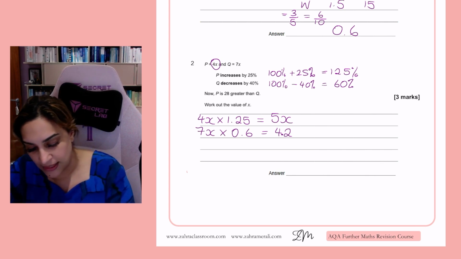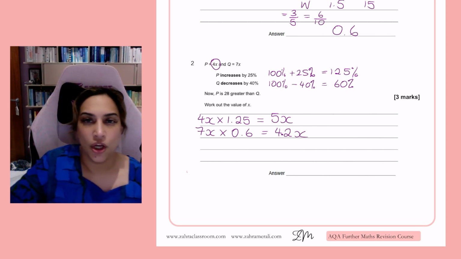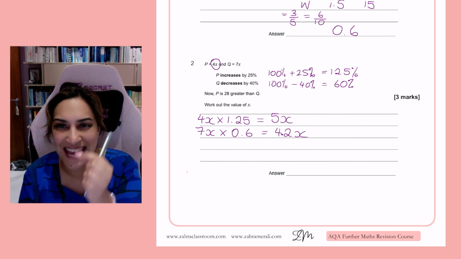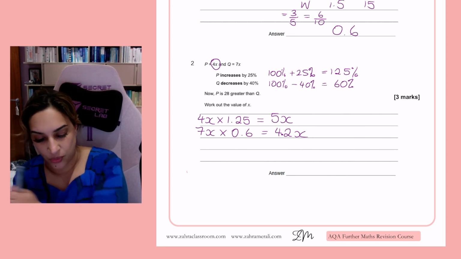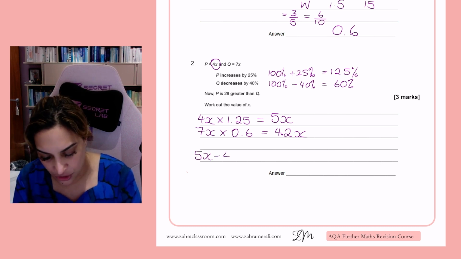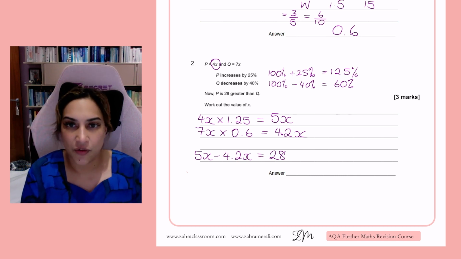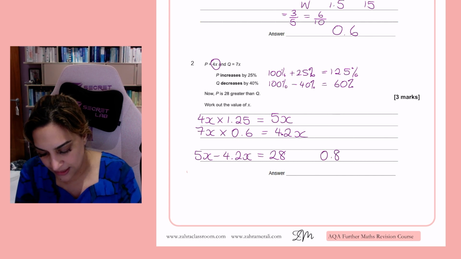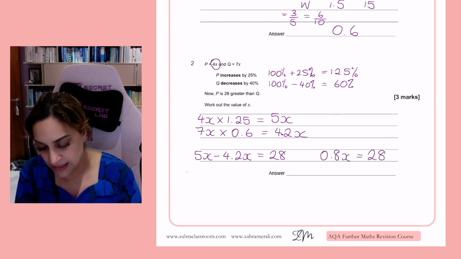So 4.2x. We're told that this new P of 5x is 28 greater than Q of 4.2x. So when we take them away from each other, we get 28. 5x minus 4.2x is 0.8x, which is 28.